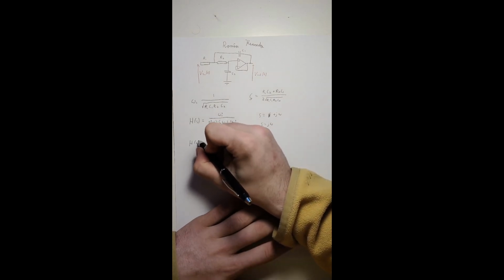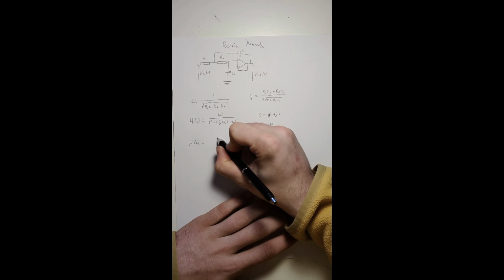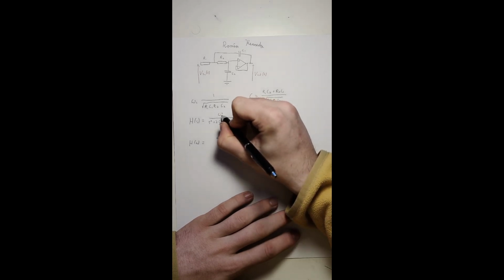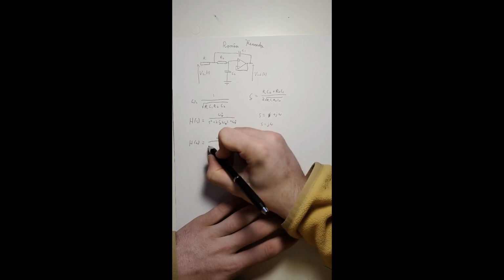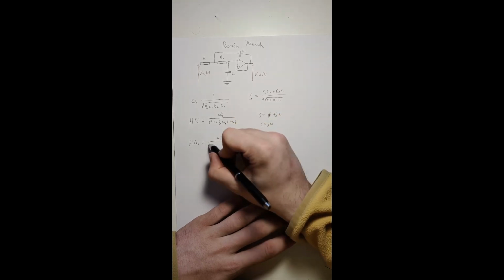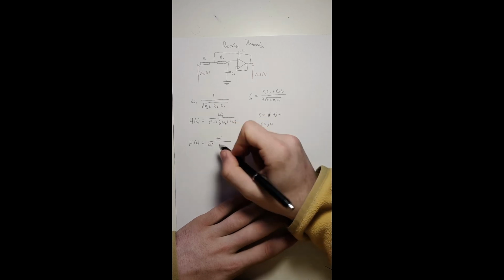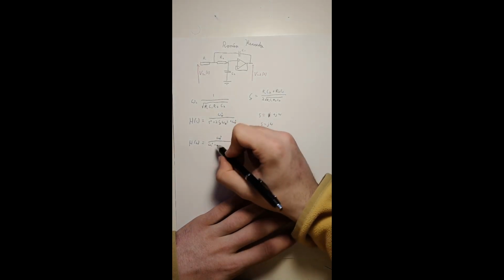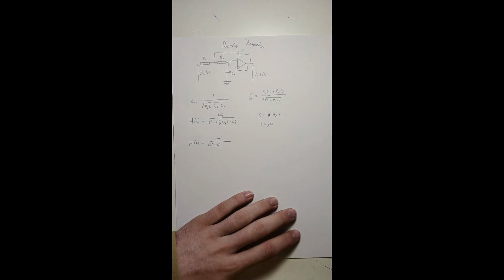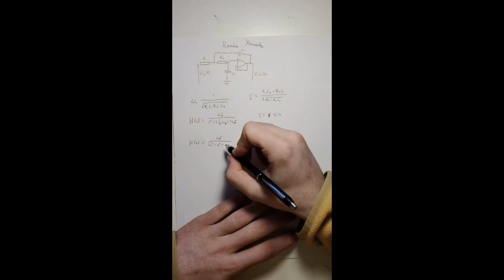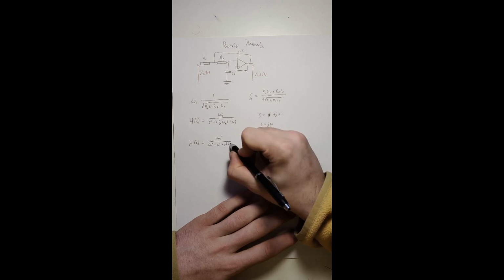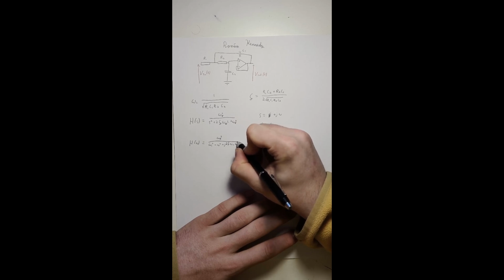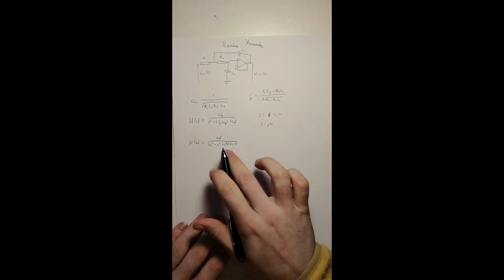H of omega equals omega C squared over omega C squared minus omega squared, because j squared is minus 1, plus j 2 zeta omega C omega. So this is our frequency response.